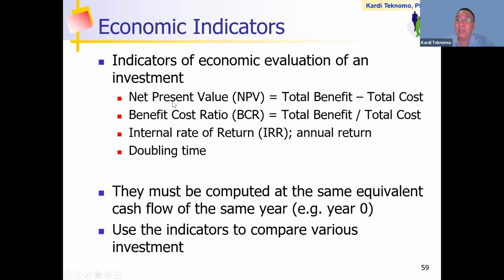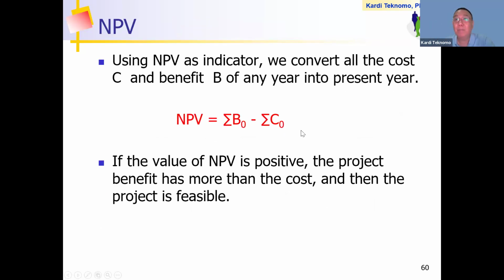After that, you can use any of these indicators to compare various investments. Sometimes the rank of these indicators between one project and the others is not the same, so that also needs to be considered. NPV is an indicator where you convert all the benefits to year zero, and all the costs to year zero, and then you compute NPV.